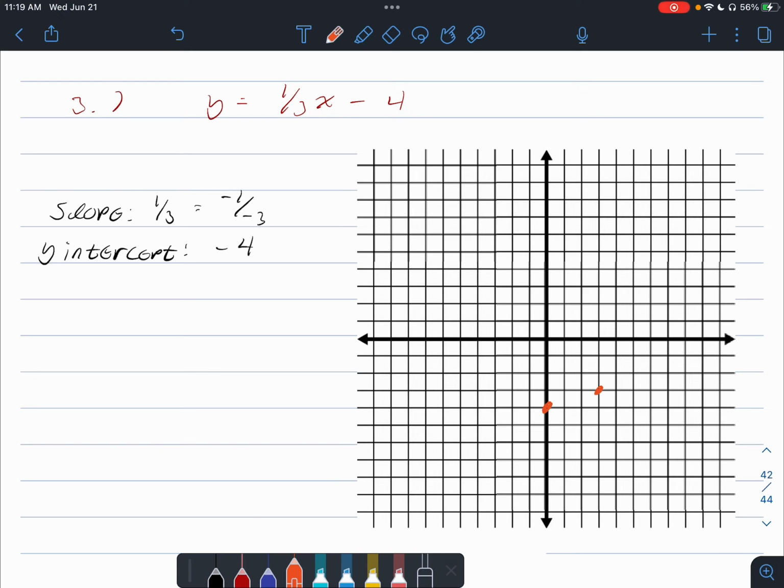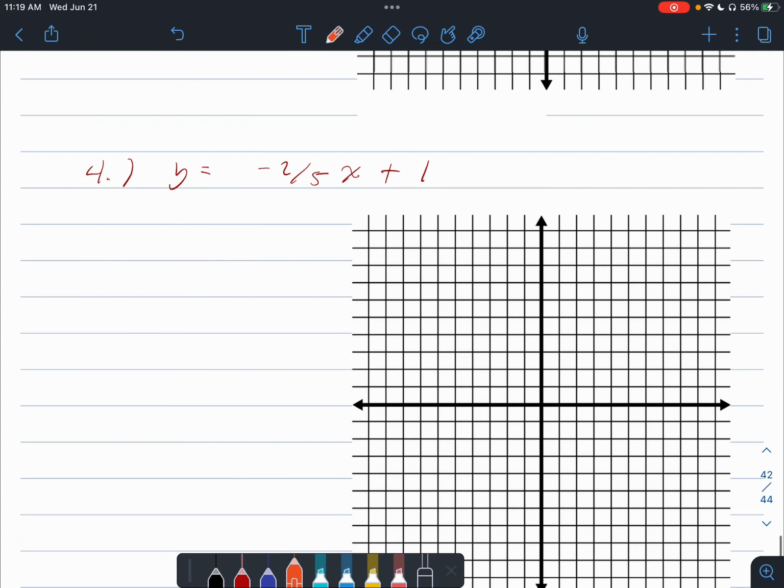Up 1, to the right 3. Okay, or we can go down 1 to the left 3. That's where this comes in. And now we have multiple points, and we can go ahead and draw a line connecting the dots. And now we have graphed this line.